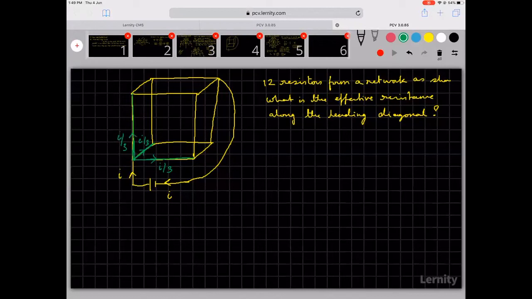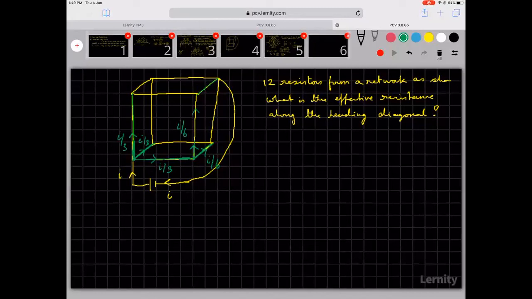Do you understand this? Now the current comes here. After coming here, the current has two paths. It can go like this, it can go like this. And if you see, both the paths are the same, because after one resistor, both will connect you to the same point. So it will again divide and it will become I by 6 and I by 6. So the current here is I by 6.